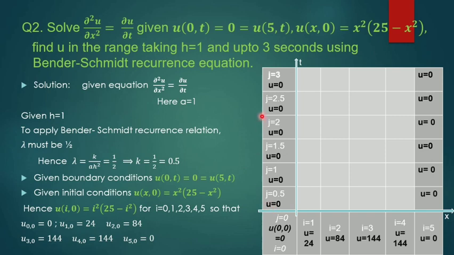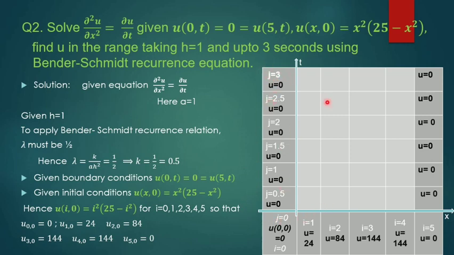And here you see that the j value has the step increment k is equal to 0.5. So first j is equal to 0, then j is equal to 0.5. Similarly next j is equal to 1, 1.5. So you add an increment of 0.5 to j. Till 3 seconds they have asked, so I have stopped at j is equal to 3.